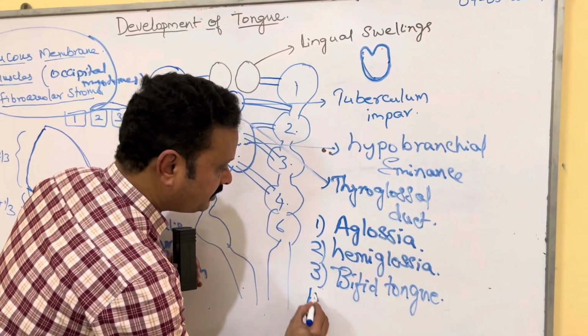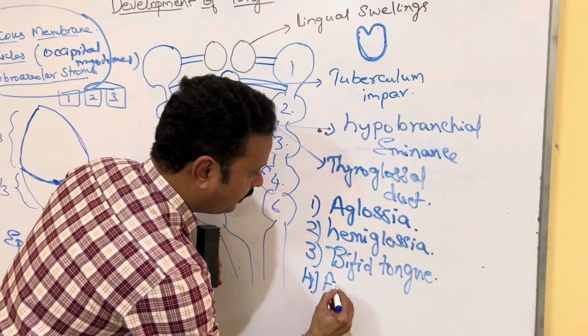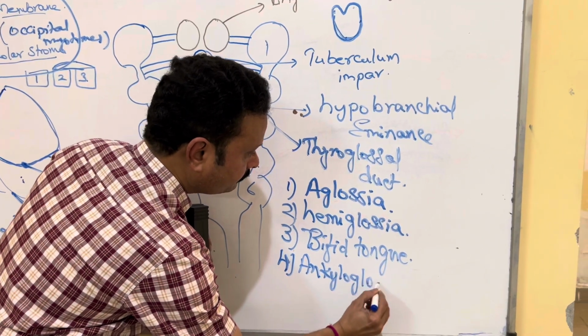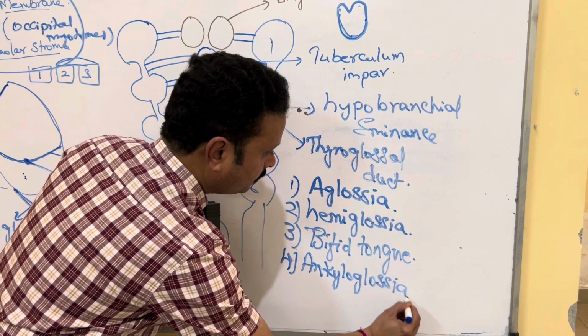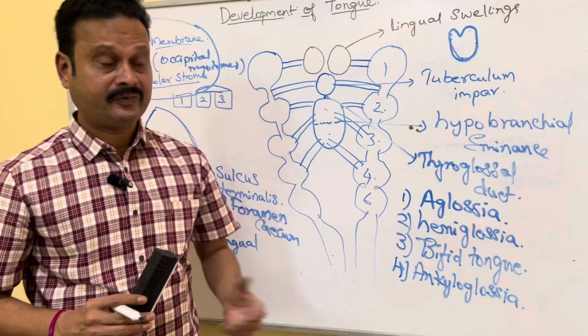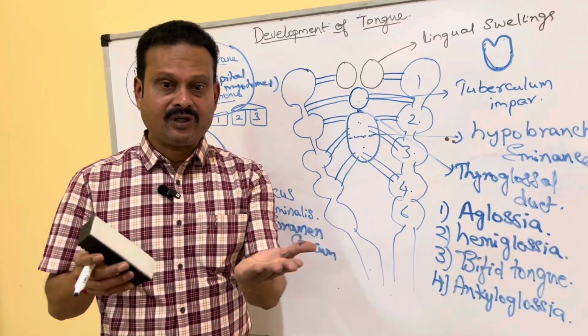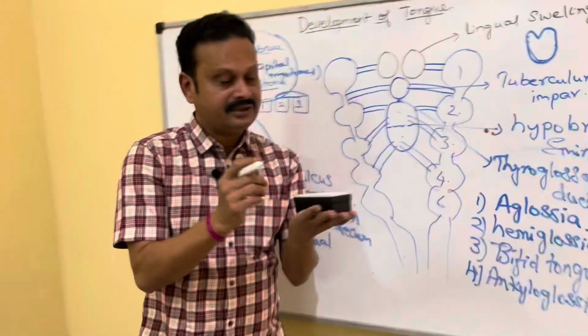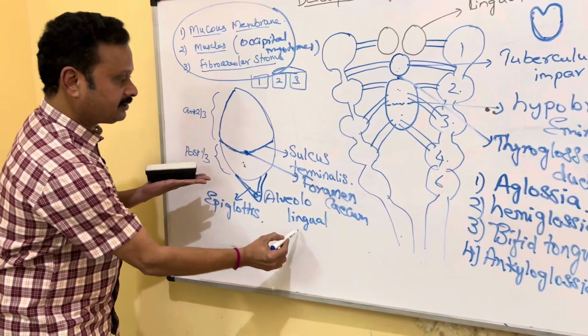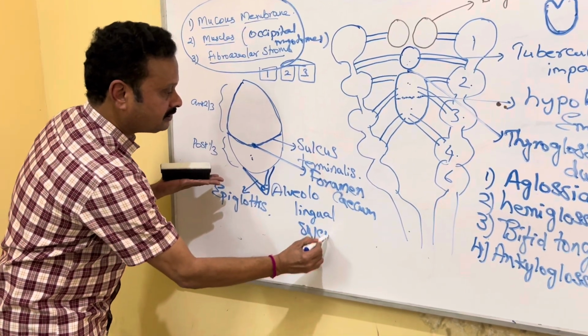Fourth one, this is very important, ankyloglossia, or tongue tie. I have said that the tongue should get separated from the floor of the mouth by the formation of the alveolo-lingual sulcus.